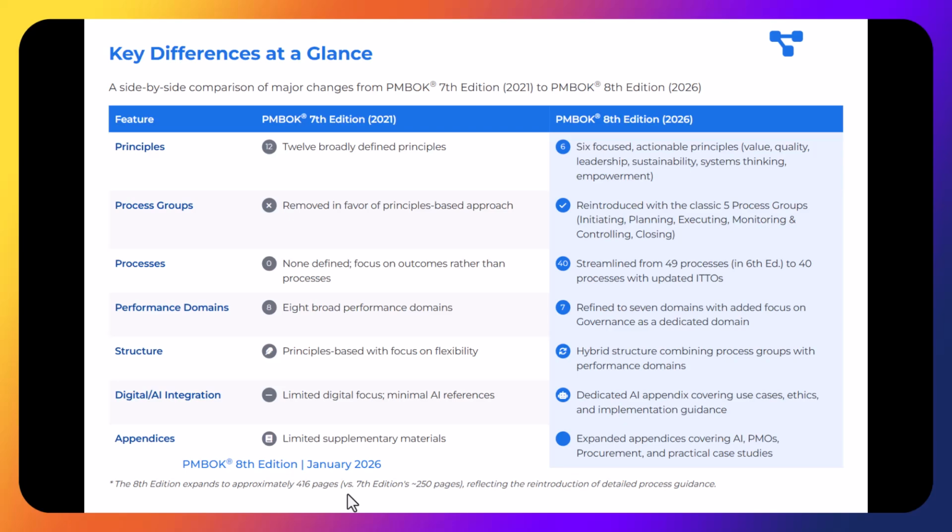Then lastly, the appendices. There was limited supplementary material in that last one, but in this upcoming one there'll be expanded appendices covering AI, PMO for Project Management Office, procurement specifically, and practical case studies. That's what we can expect in January.